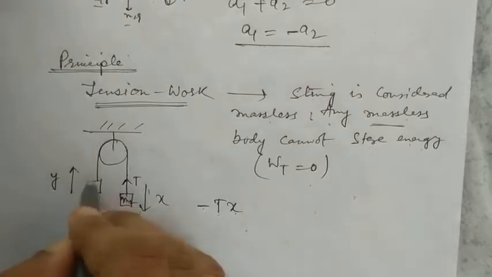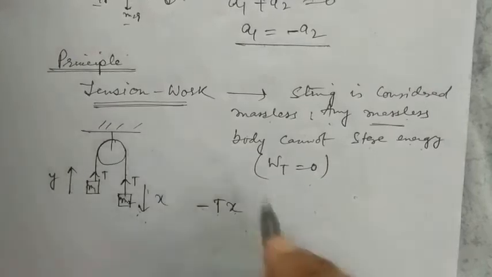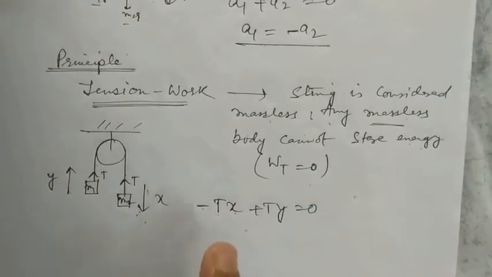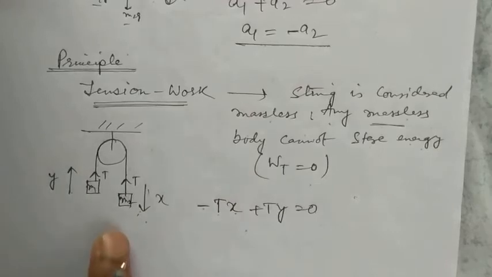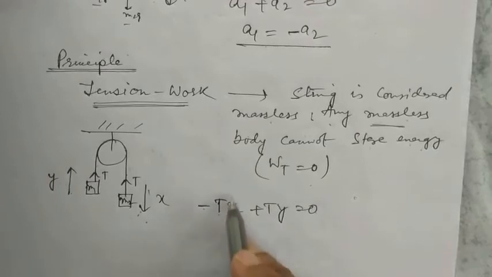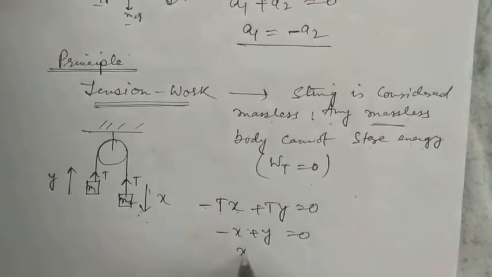For the other block, tension T acts upwards as well as the displacement y acts upwards, so plus Ty is equal to 0. Here we have already considered that one block is moving downwards and the other is moving upwards. So elimination of T will result in minus x plus y is equal to 0, or rather x is equal to y.